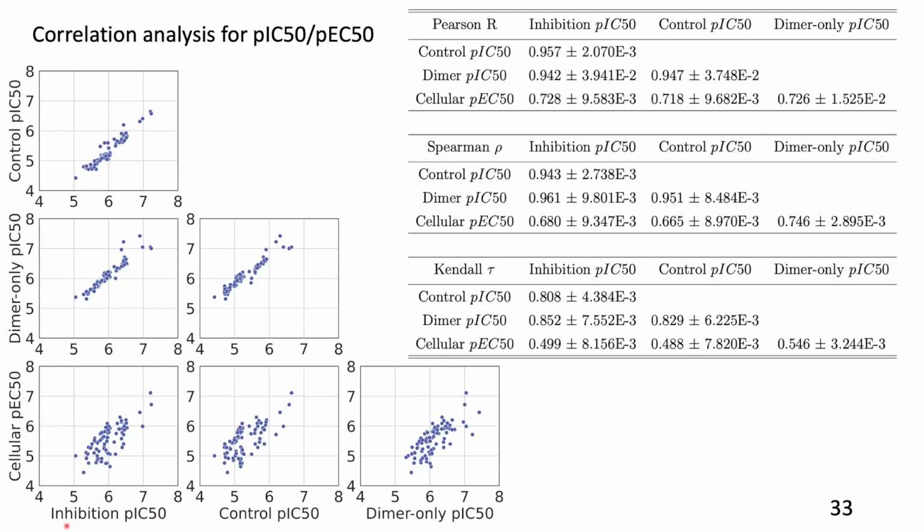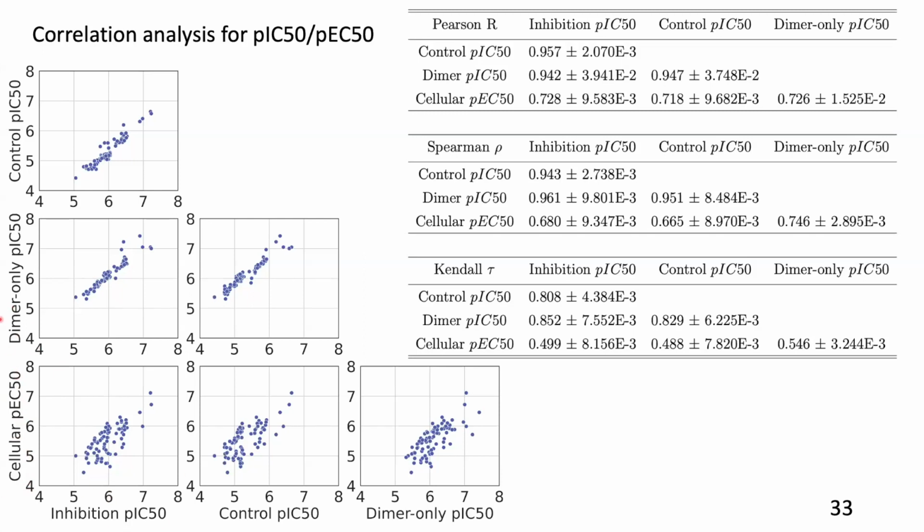So we can look at, as I mentioned, the inhibition phase PIC50, the control PIC50, where we set the maximum value of the response to the negative control, and then there's the dimer-only PIC50. And these are all plotted against the cellular PEC50s.